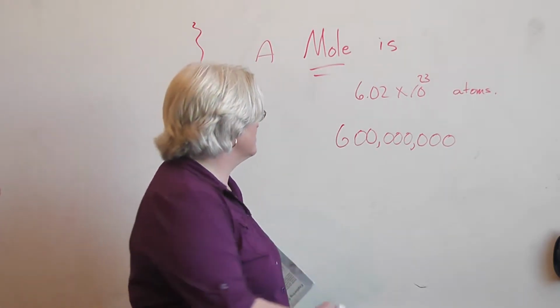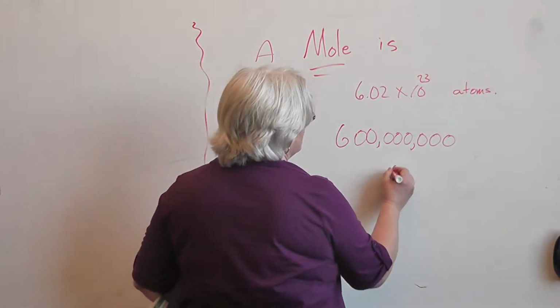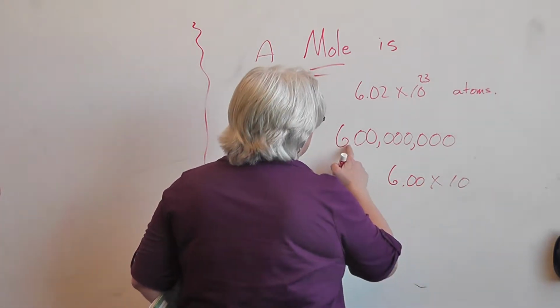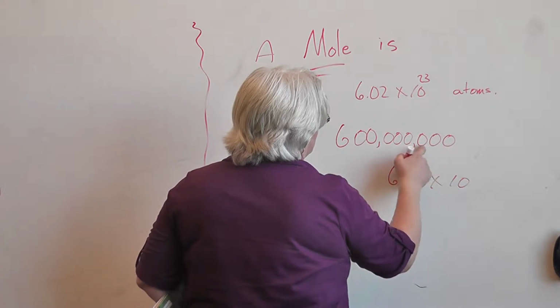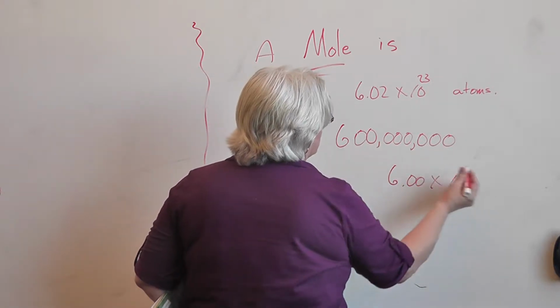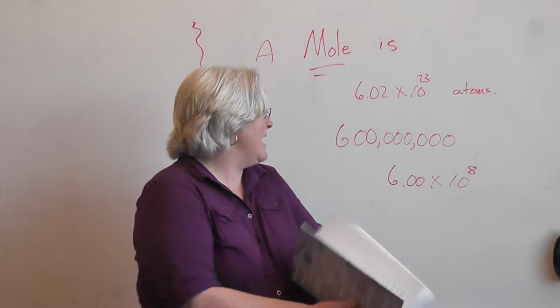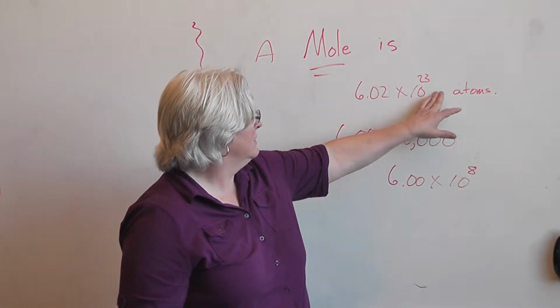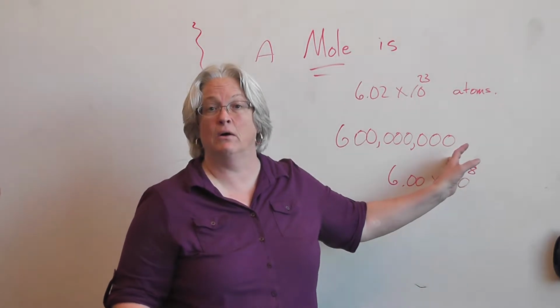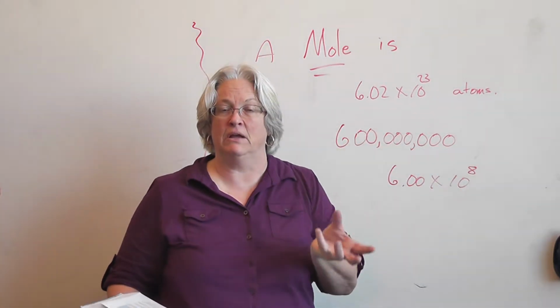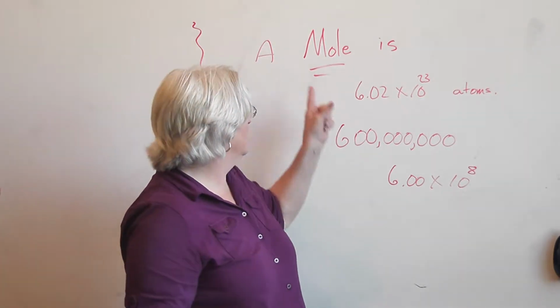It's a lot to us, but all this is in scientific notation is 6.00 times 10 to the 8th. So you would need to add 15 more zeros onto this number to get this many atoms that are contained in 1 mole of atoms.